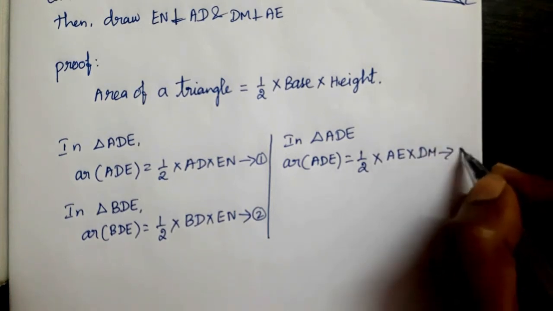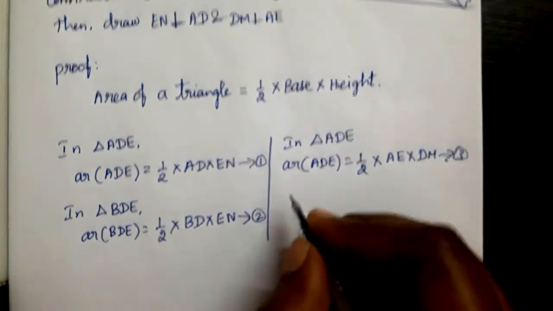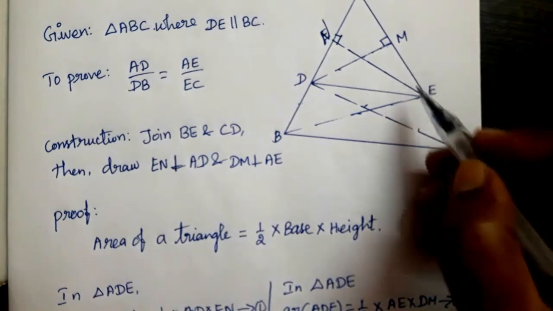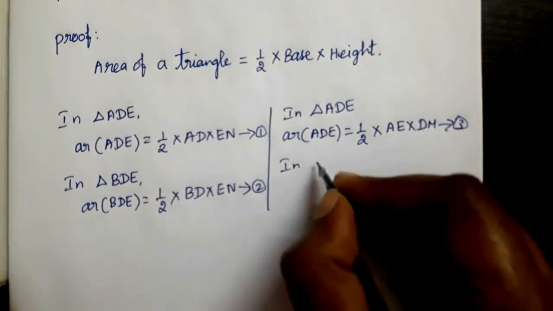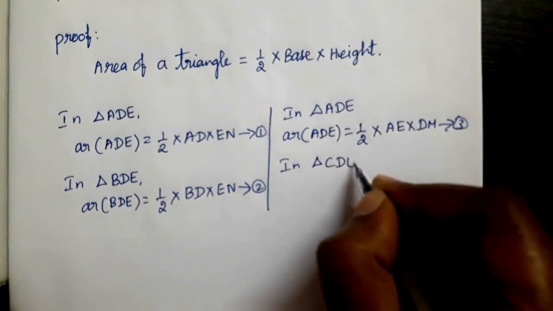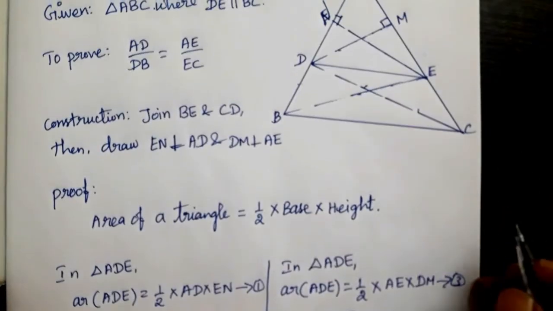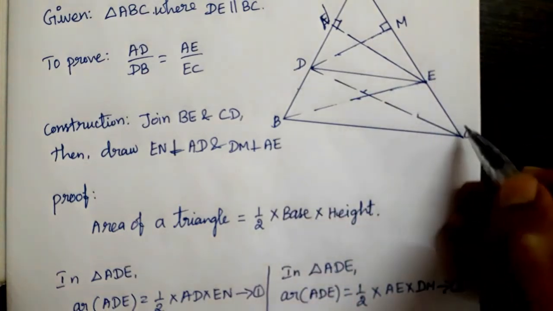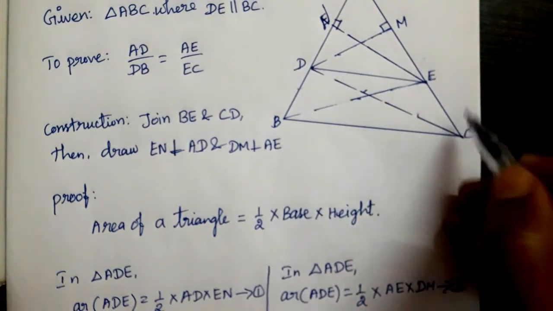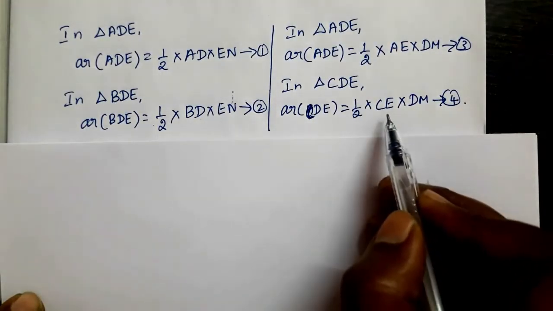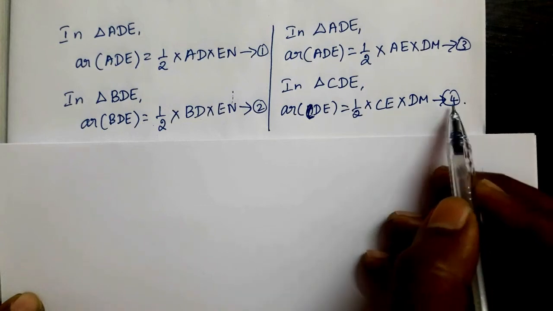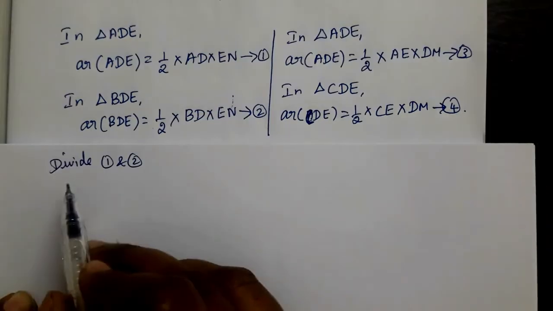This is equation number 3. And next, in triangle CDE, base CE and perpendicular height DM, so area of triangle CDE equals half into CE into DM. This is equation number 4.